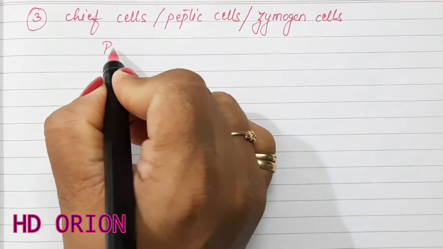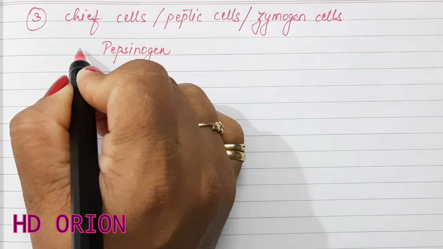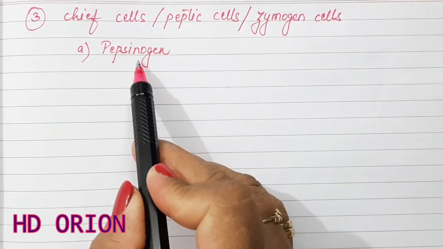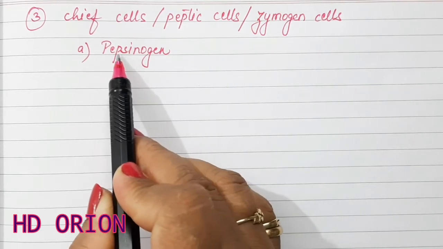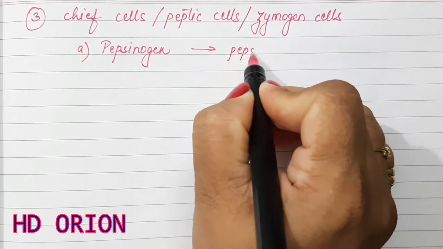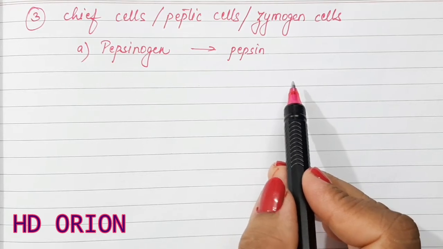The inactive form of pepsin enzyme is pepsinogen. This is the first enzyme that it secretes. This helps in digestion of proteins, so protein digestion starts in the stomach. Pepsinogen is converted into pepsin by HCl. We will study this in detail when we study the digestion of food.